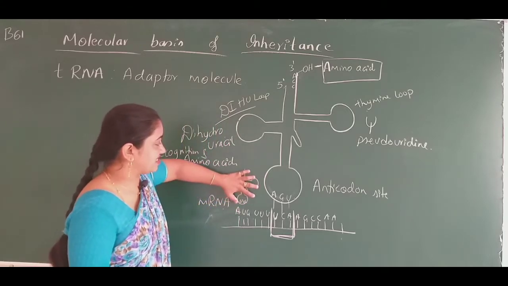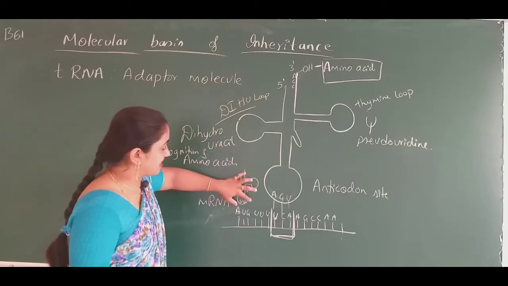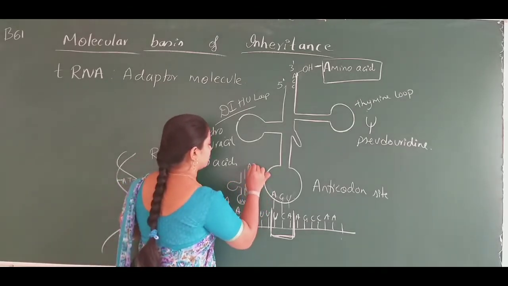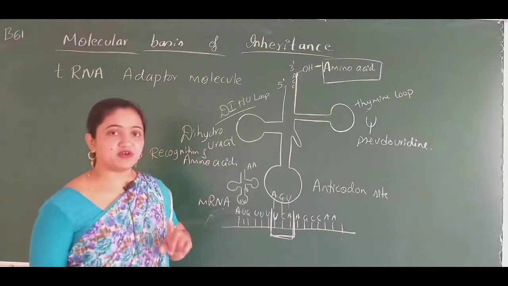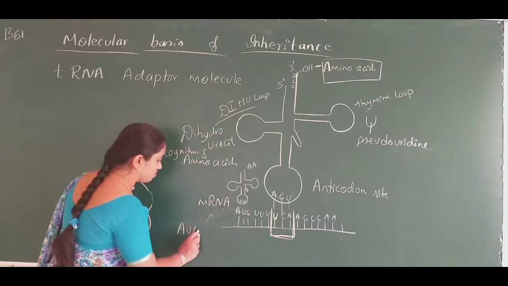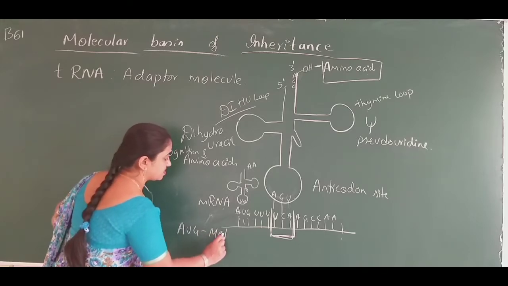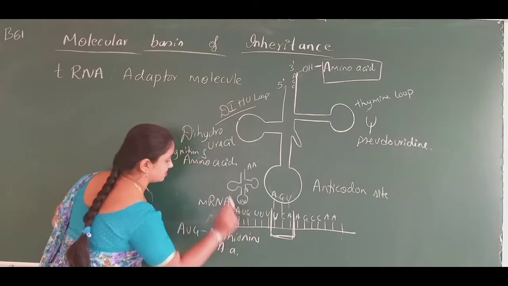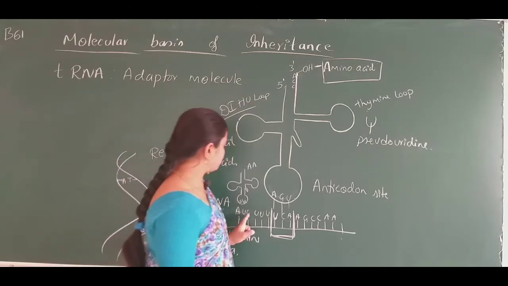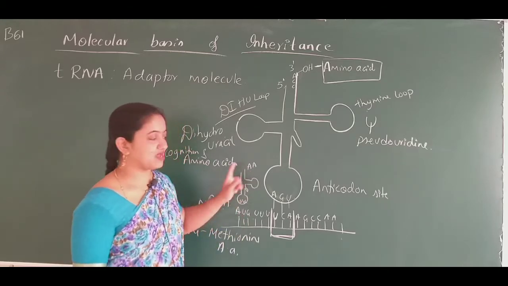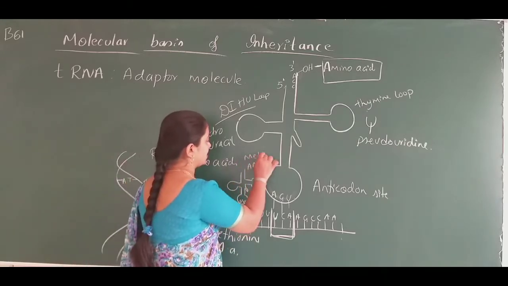One tRNA is the initiator tRNA. After binding to this AUG, it takes one amino acid. Remember one more thing: AUG always codes for the amino acid methionine. If it is an AUG triplet codon, it should bind with the amino acid methionine.